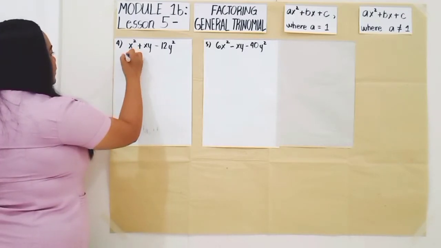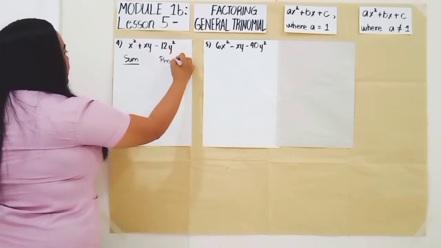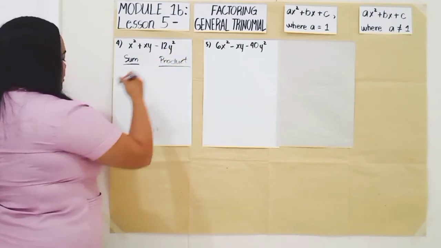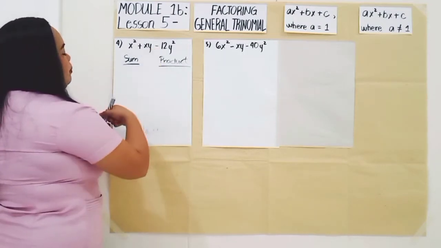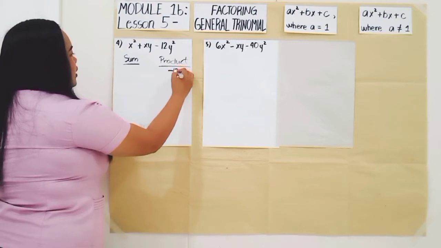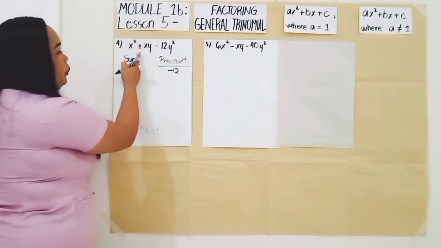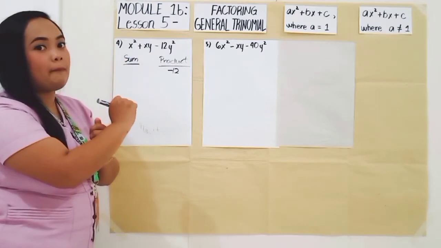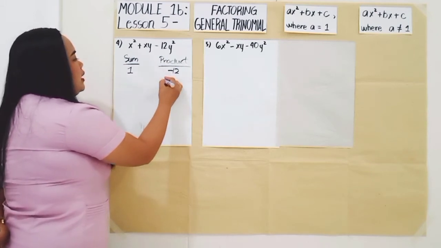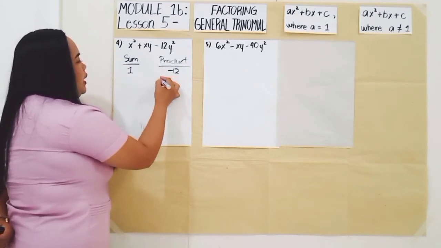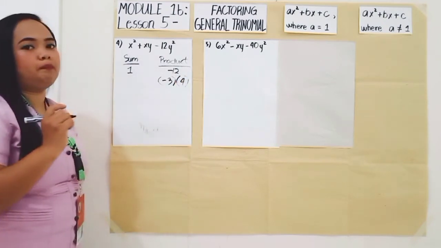Let's find out a sum and a product of two factors, which the product should be equal to negative 12 and the sum must be equal to, what is the numerical coefficient here? Positive 1, correct.